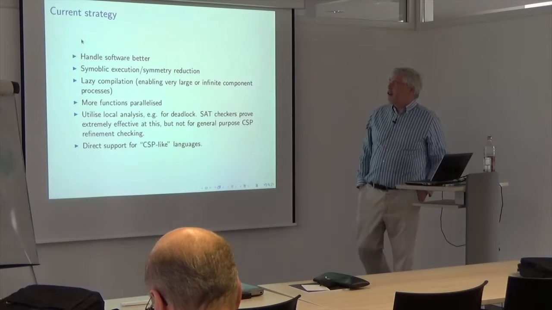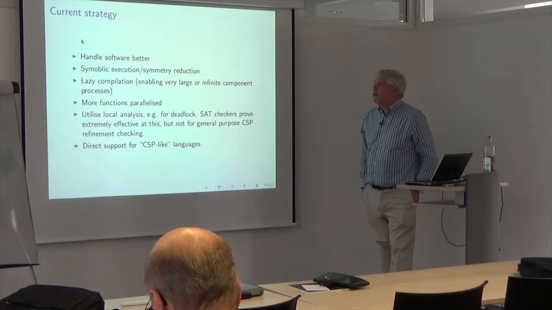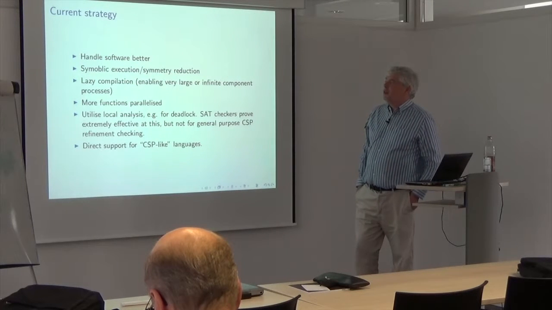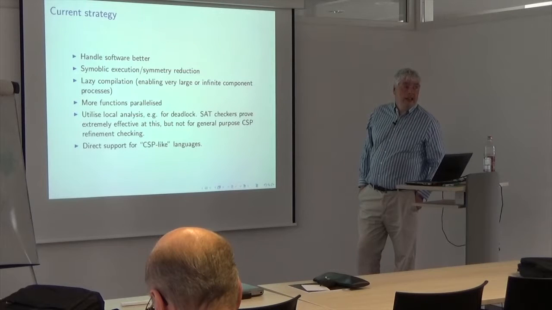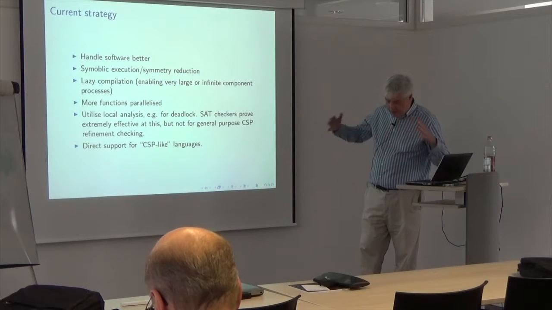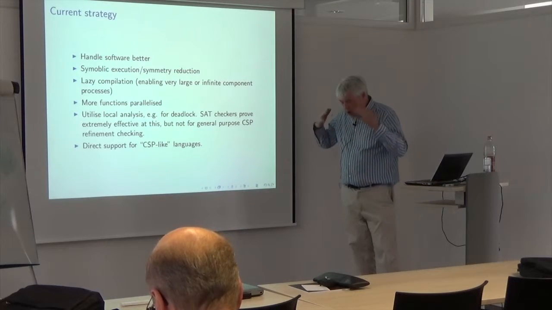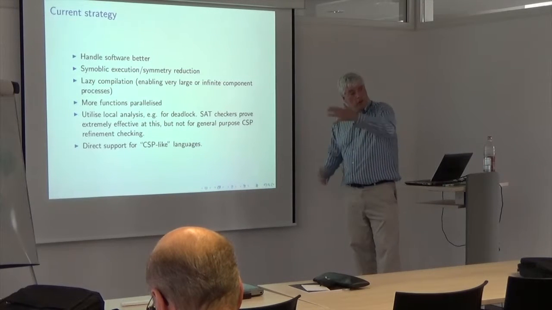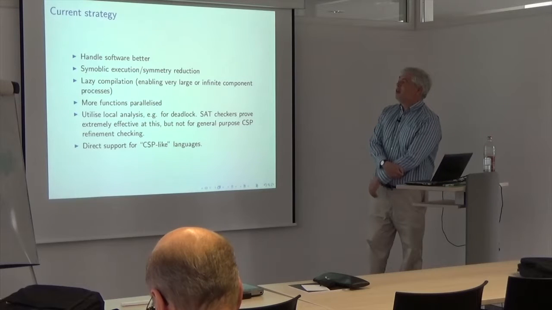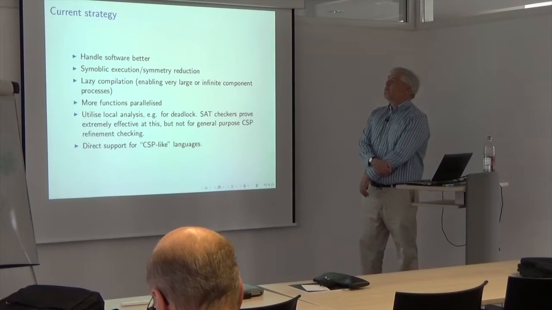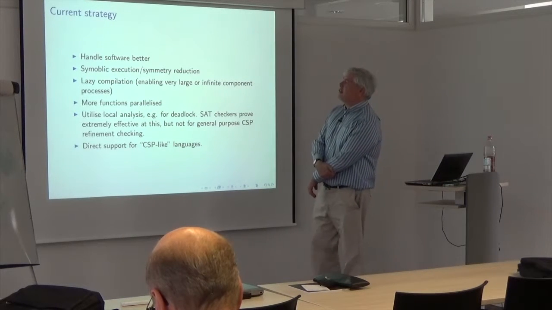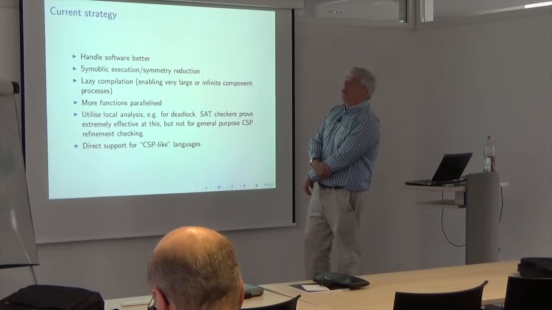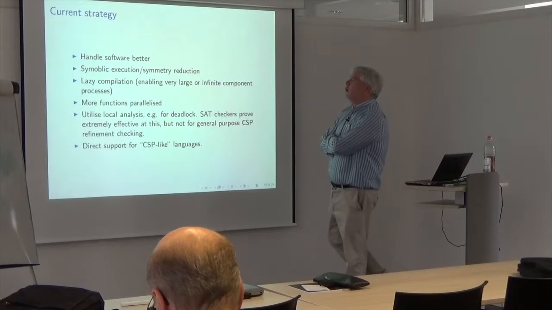So the current strategy for developing FDR is, first of all, I would love to be able to handle software better. In other words, get further away from hardware-ish models with small variable ranges and that sort of thing, which is what we're good at handling at the moment. Symbolic execution and symmetry reduction is a current priority, and we'll see why later.